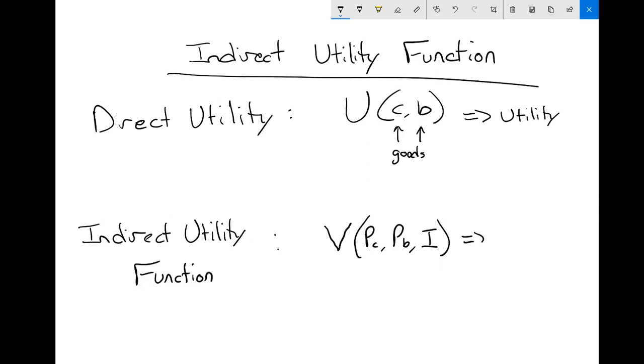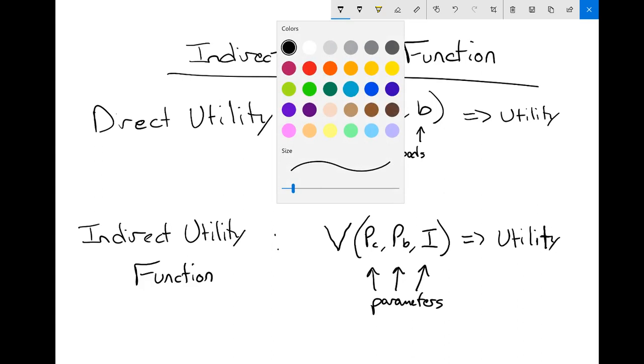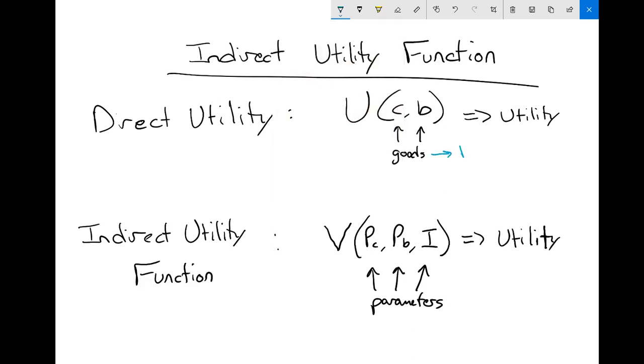And this also gives you utility as an output, but it takes the parameters as inputs. So what's happening here is that the direct utility function is a function of the decision variables, so the goods, or we might say the decision variables.